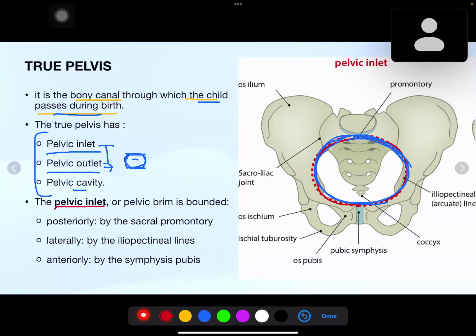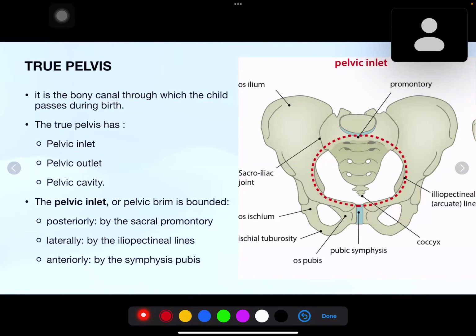So the pelvic inlet or pelvic brim, what are the boundaries of the inlet? This is the pelvic brim. Posteriorly would be the sacral promontory, and laterally is the iliopectineal line.